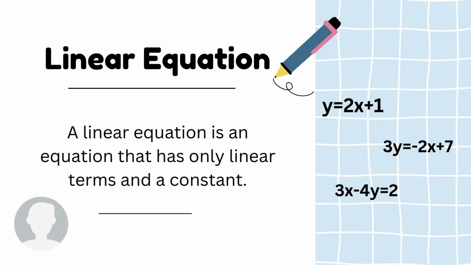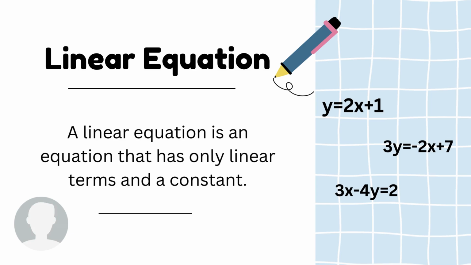Okay, so let's have a look at linear equations. What is a linear equation? A linear equation is an equation that has only linear terms and a constant. So I have given you 3 examples on the right side. These equations are called linear equations.